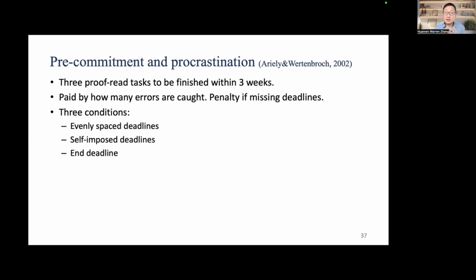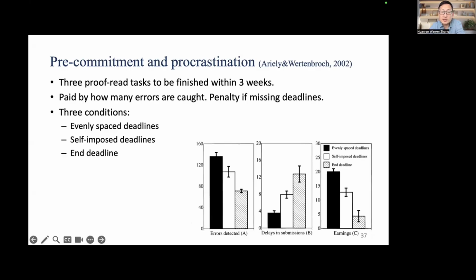Now let's look at the result. The performance of the participants is measured in 3 different outcomes: errors detected, delays in submission, and earnings. The evenly spaced deadline is represented as the dark bar, the self-imposed deadline as the white bar, and the group with only the deadline at the end has the bar with shadow.